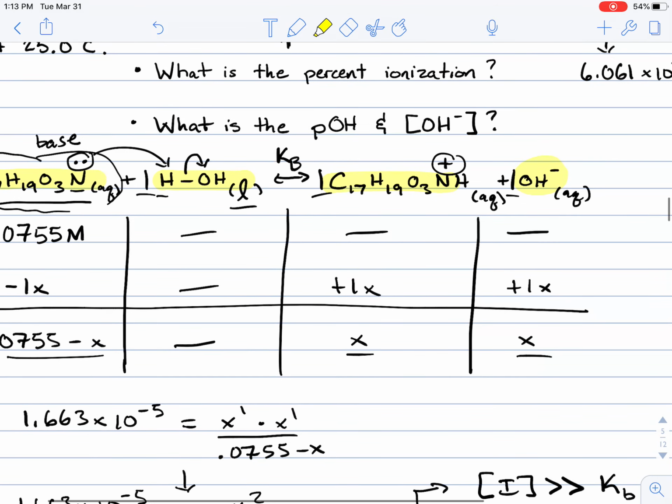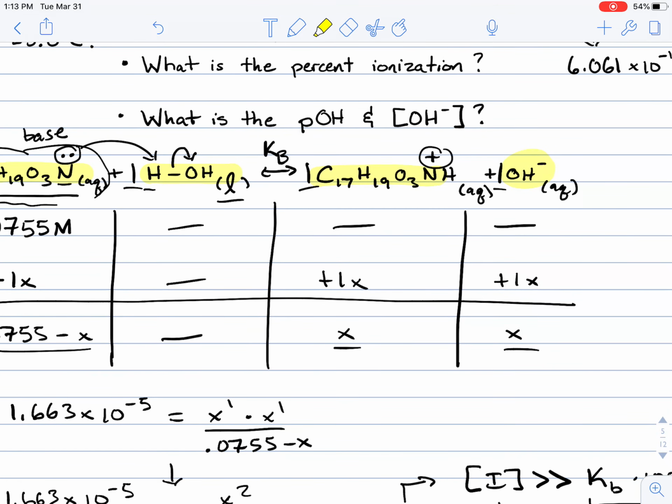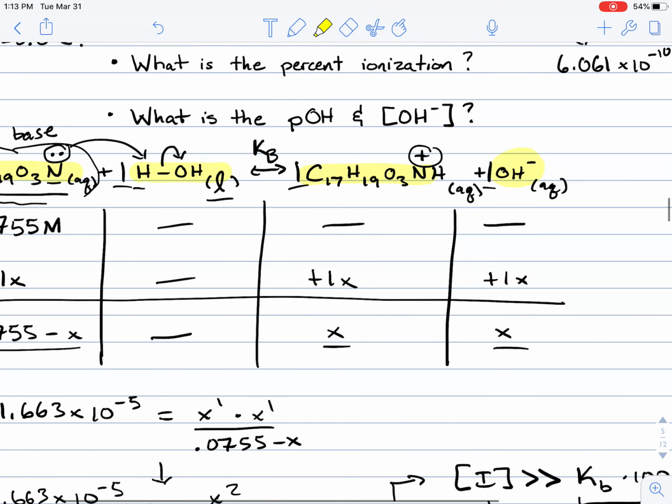And we know that we can relate the concentration of hydroxide to the concentration of protons at equilibrium by using Kw. And so we're going to go ahead and utilize the equilibrium concentration of the hydroxide ion to figure out the equilibrium concentration of H plus to get our pH.